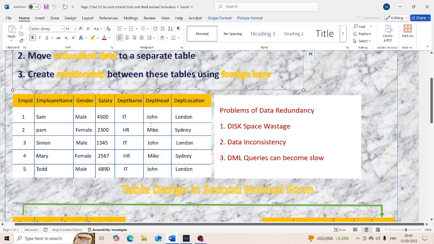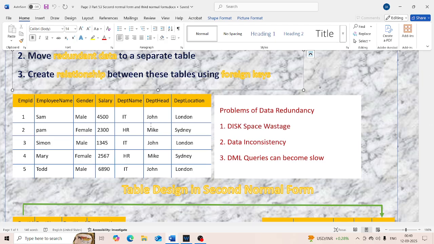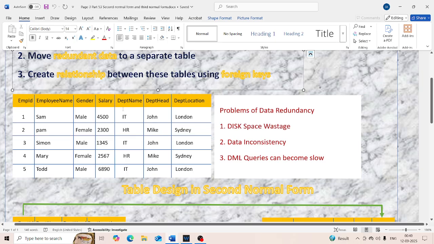Since we know that in my organization I only have two departments and 100,000 employees, for all the 100,000 employees, this IT and HR columns should also be repeated.